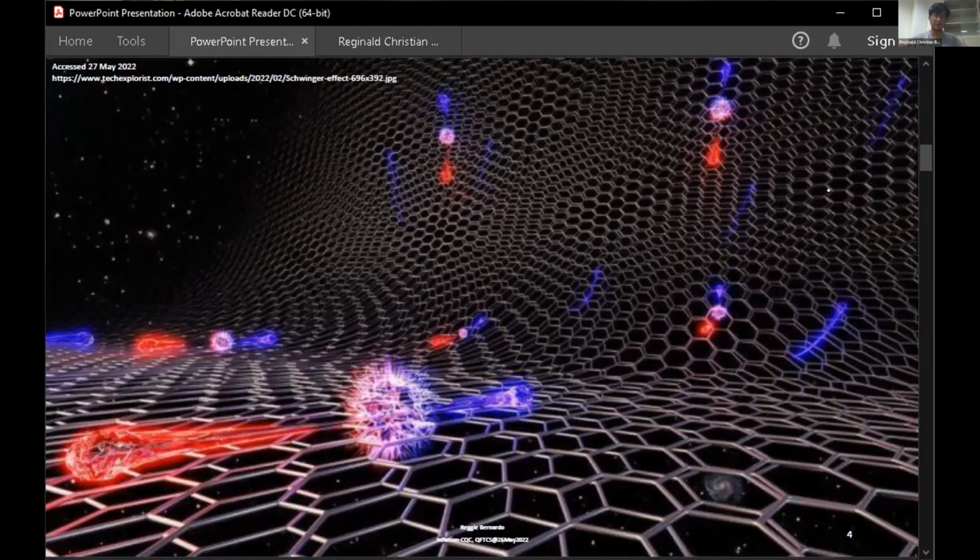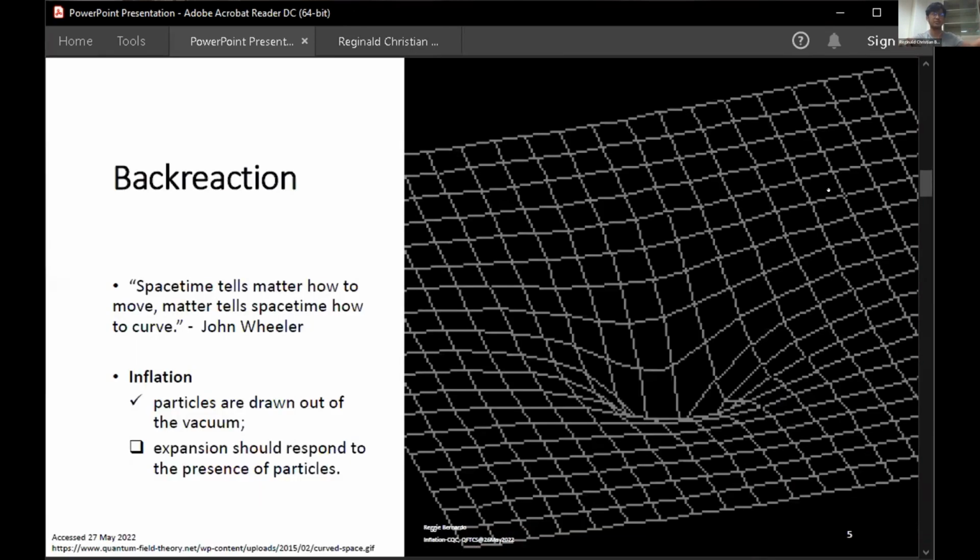The question that I would like to tackle, however, is, suppose we have driven enough of these particles out of the vacuum, then how should the space-time respond to that? I mentioned that the space-time would be accelerating, and this is the content of our gravitational equations.